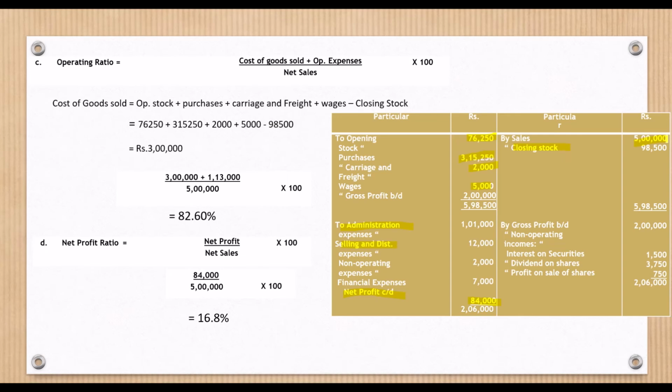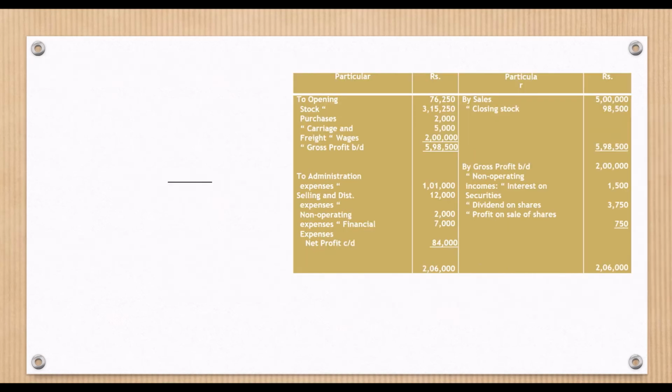The next formula is the stock turnover ratio. The formula for stock turnover ratio is cost of goods sold divided by average stock. In the previous operating ratio, we calculated the cost of goods sold.